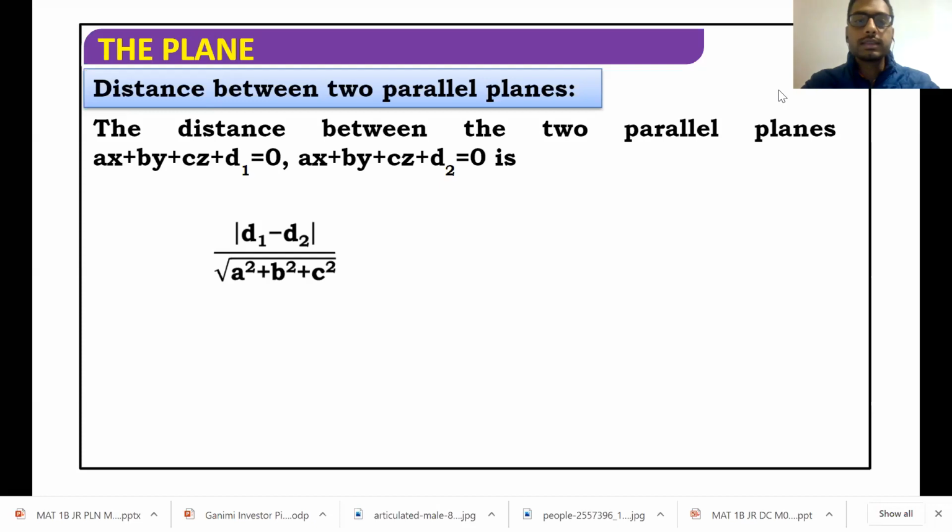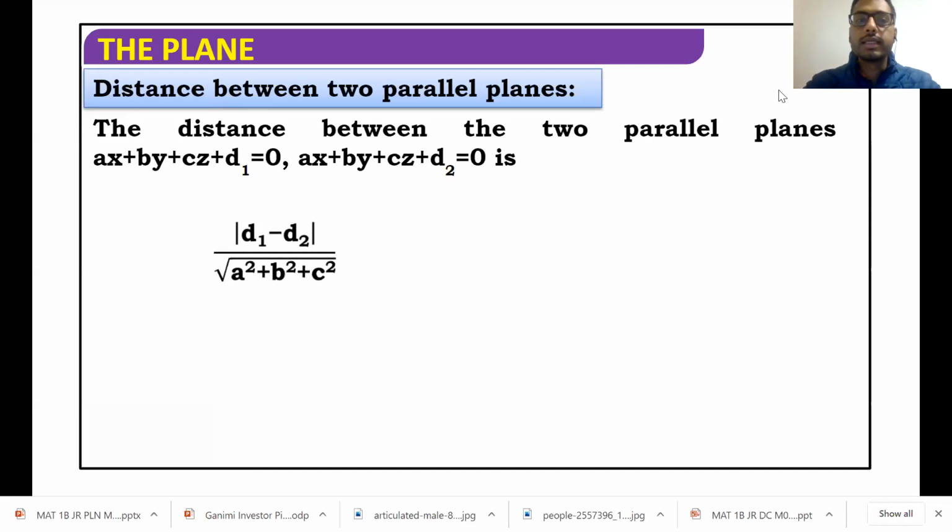The only difference is instead of just a square plus b square in case of lines, we have a square plus b square plus c square in terms of planes. So if you know all the formulas of lines, you can similarly find out all the formulas for planes. The formulas are interrelated, so learning the formulas of lines will be beneficial to understand the formulas of planes in a better way.